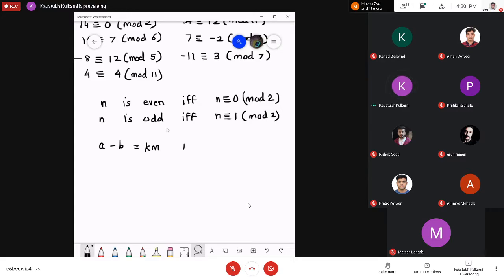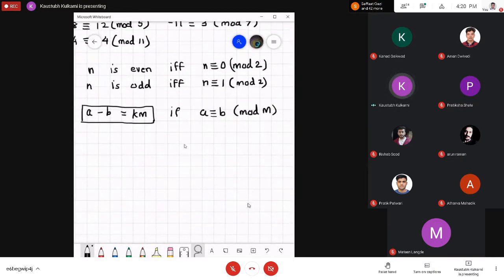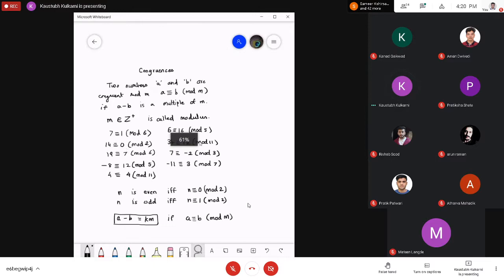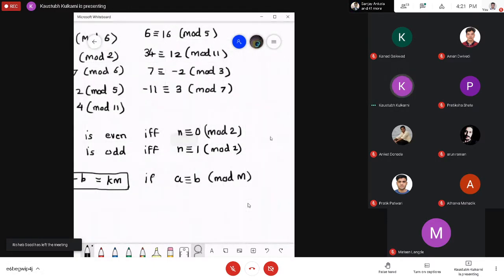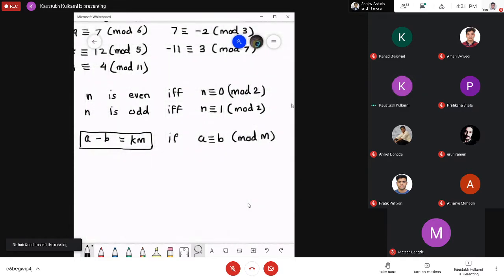So a minus b equal to km if a is congruent to b mod m. Fine. Now, what is another interpretation, or what does it stand for?